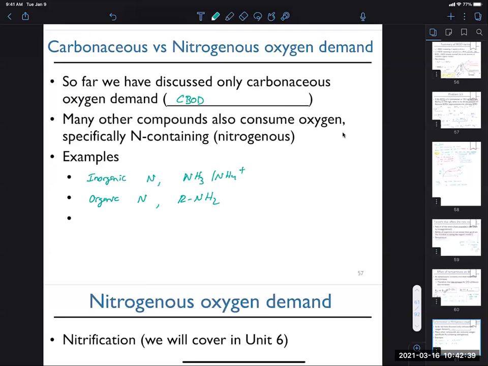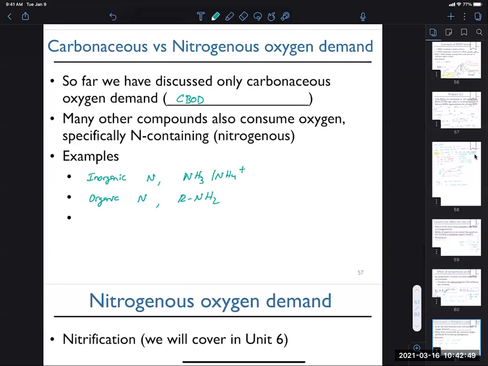And think about in wastewater, where does nitrogen come from? Well, you may be familiar with this compound, urea. You can guess where that comes from.